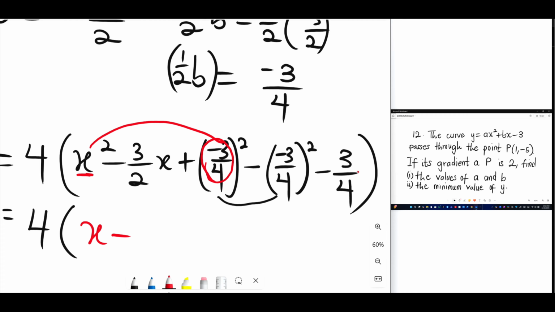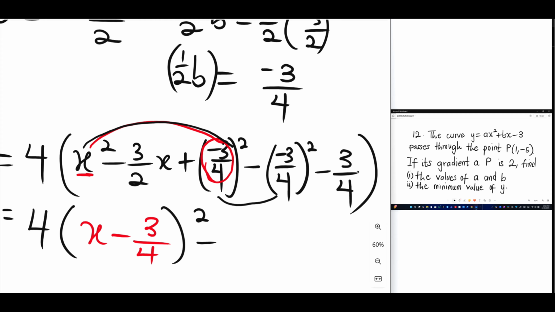It should be x plus, but because the term in the bracket is negative, it's going to be x minus 3 divided by 4. Then you square everything. So we have covered the whole of this. We are done with that.